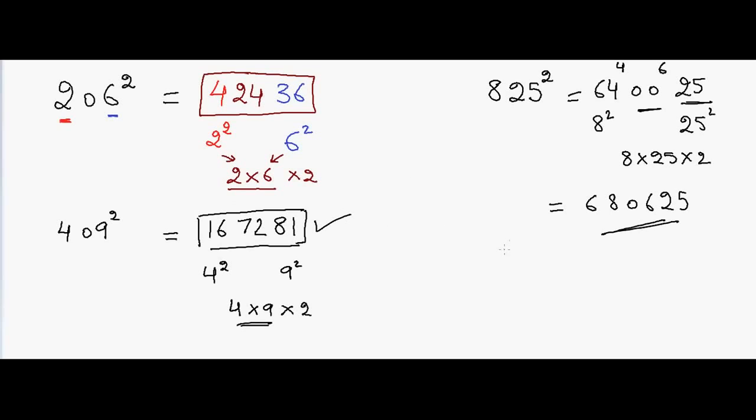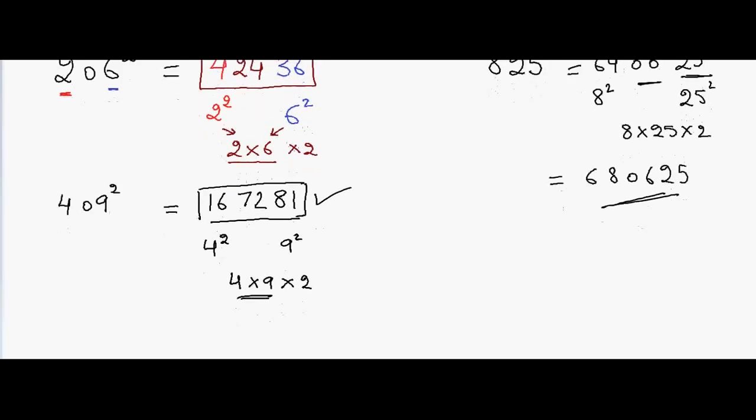Now how this trick works, so let's look into it. Any three-digit number can be written in the following form: 100x plus y. So if x is equal to 3 and y is equal to 6, then it will be 306, right?